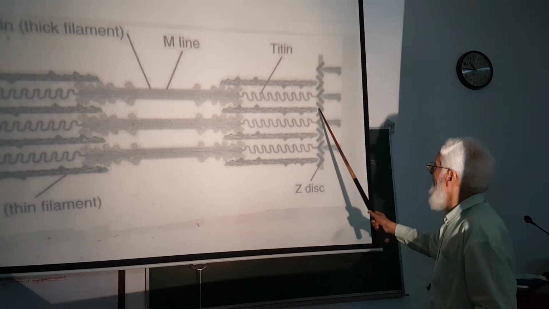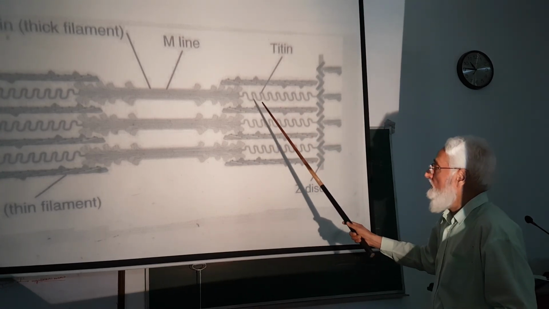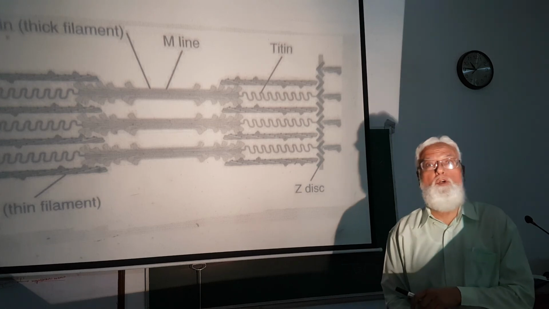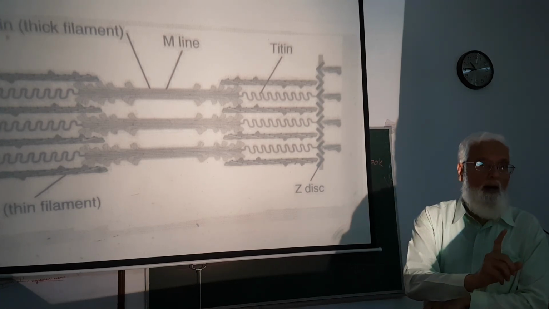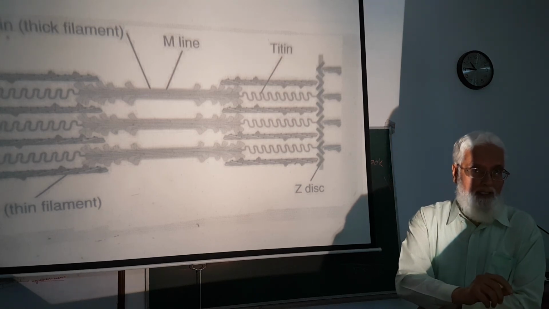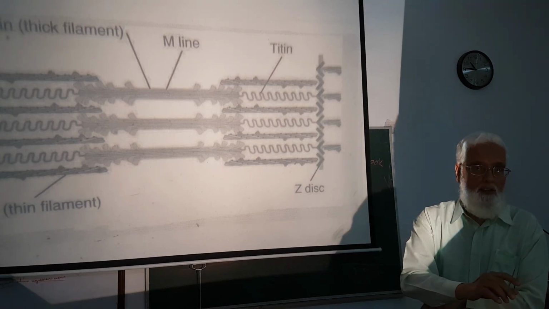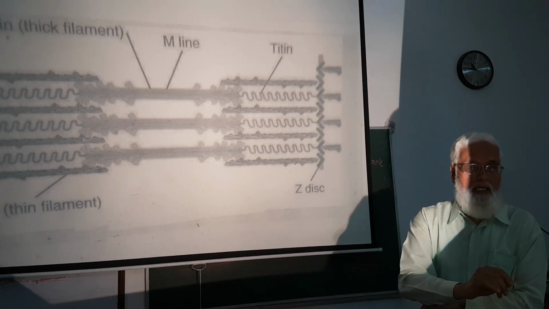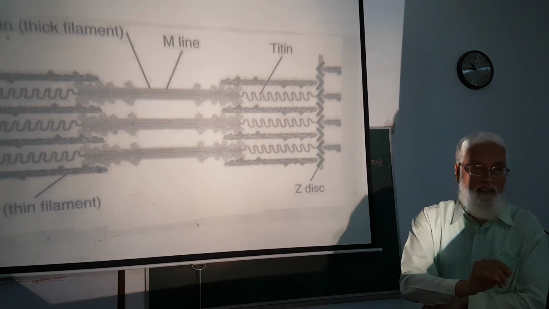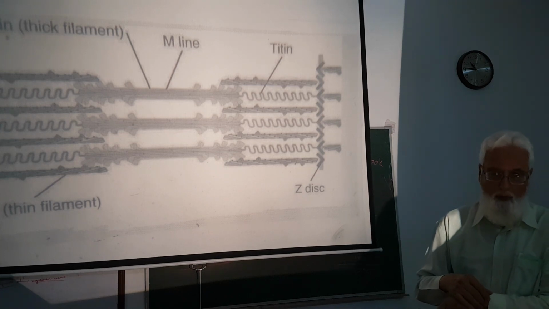So this was about the contractile proteins in the muscle, including myosin, actin, tropomyosin, troponins, and then actinin and titin. We stop here, continue next time.